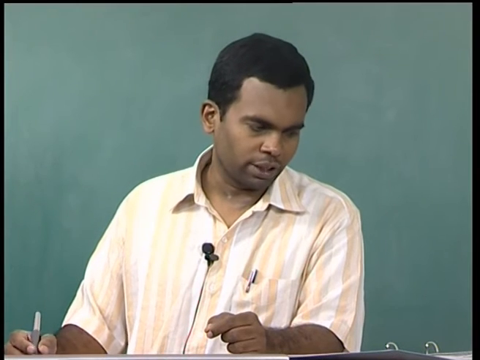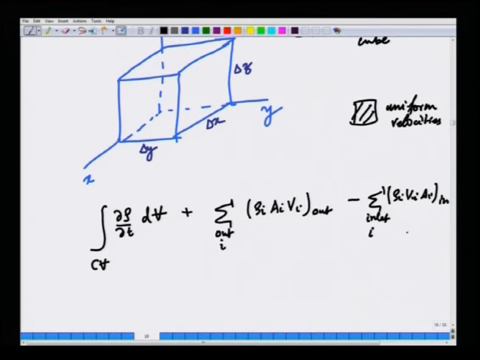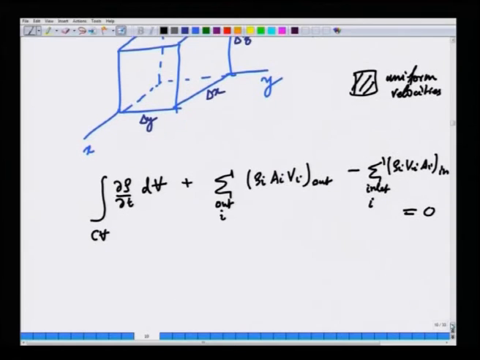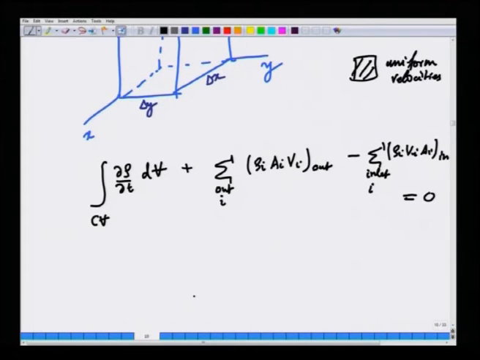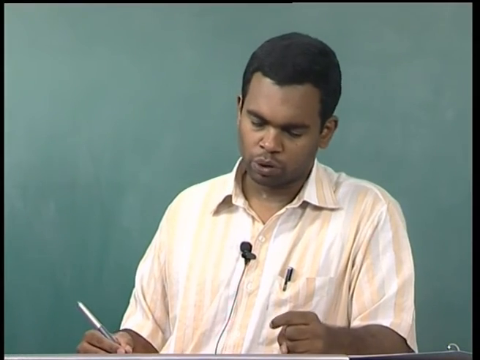So, I am going to write summation over all outlets, with an index i, rho i, a i, v i, minus summation over all inlets, rho i, v i, a i, is 0. This is the same conservation equation that we wrote for an integral balance, but the key difference is that now we are applying it to a very small, infinitesimal control volume.